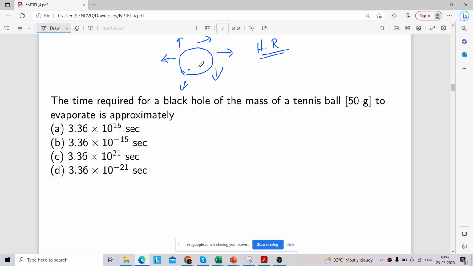That means eventually they will run out of the matter inside them, and they will completely vaporize, they will completely vanish. So let's do some math and calculate the time period of this evaporation of a black hole. Let me check my calculations.